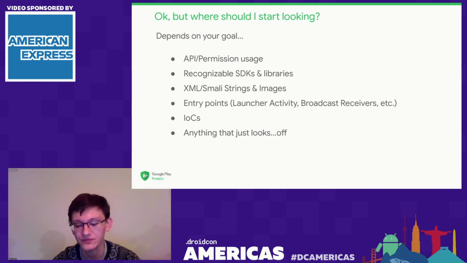Maybe everything in the app looks fairly normal, but there's one class in particular that has some weird strings or is abnormally large. That can also be an interesting place to start looking.